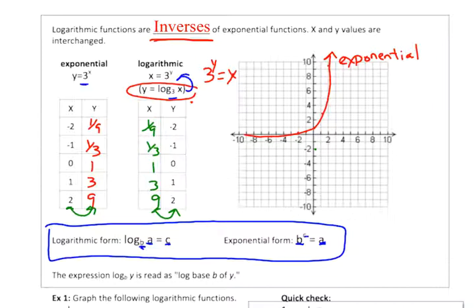X is 1/3, my y is negative 1. Then 1, 0; 3, 1; and 9, 2. It's going to look like this, my logarithmic.